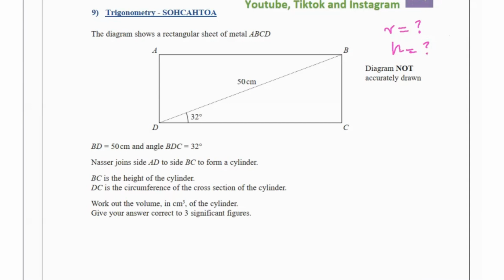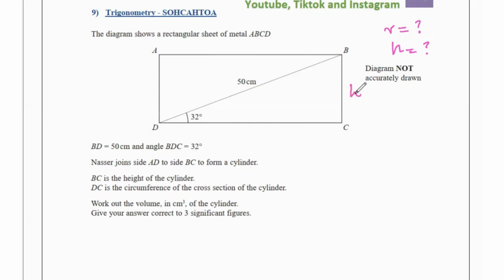Based on the information given, we have the length of the diagonal BD and we have the angle. So we can easily use that to find the length of BC, which is going to be the height of the cylinder. And we can find the length of DC, which can help us figure out the circumference. And then using the circumference, we can figure out the radius. So let's begin with finding BC. If the angle is at D and BC is what we're trying to find, let's call that H actually.